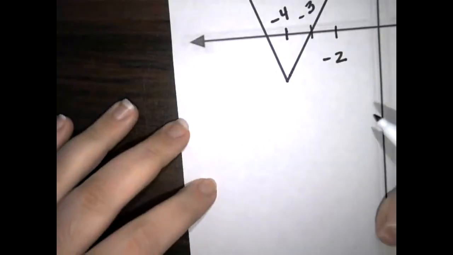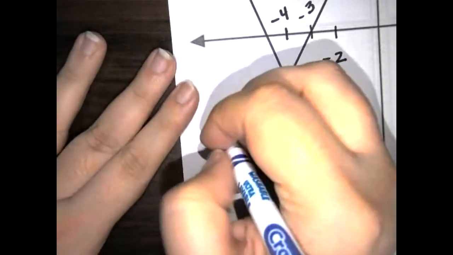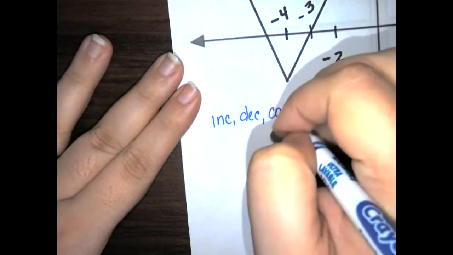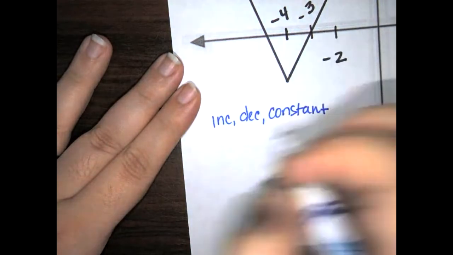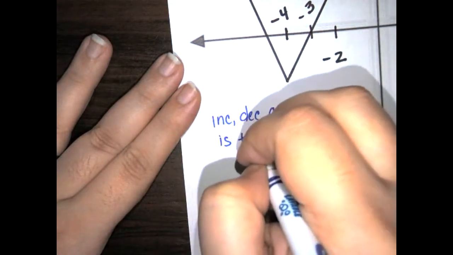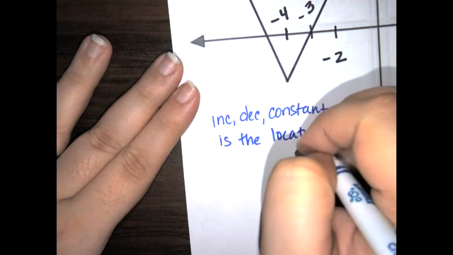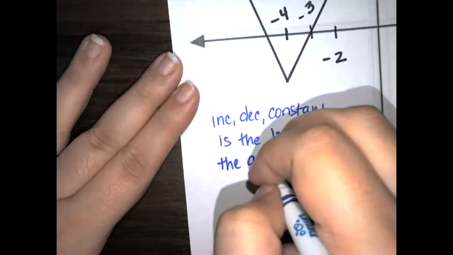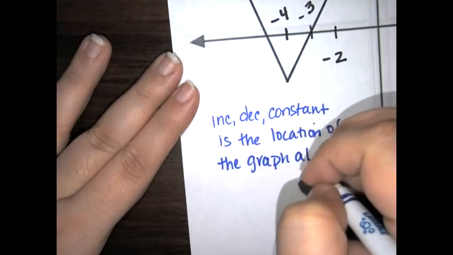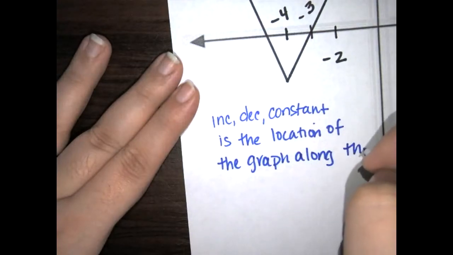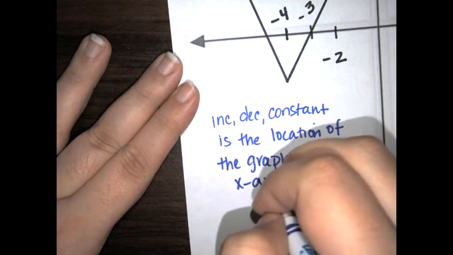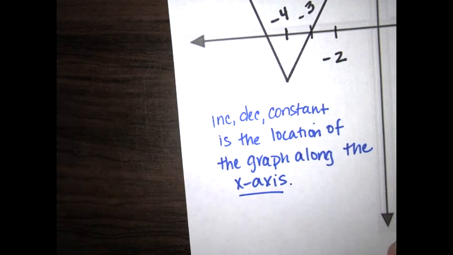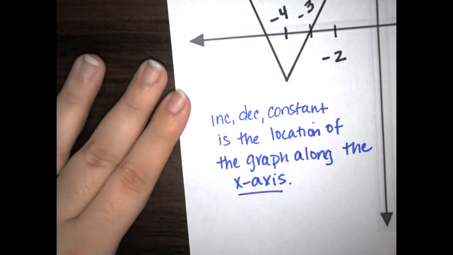The biggest thing we have to remember is that increase, decrease, or constant is the location of the graph along the x-axis. Okay, so we're talking about the location along the x-axis.